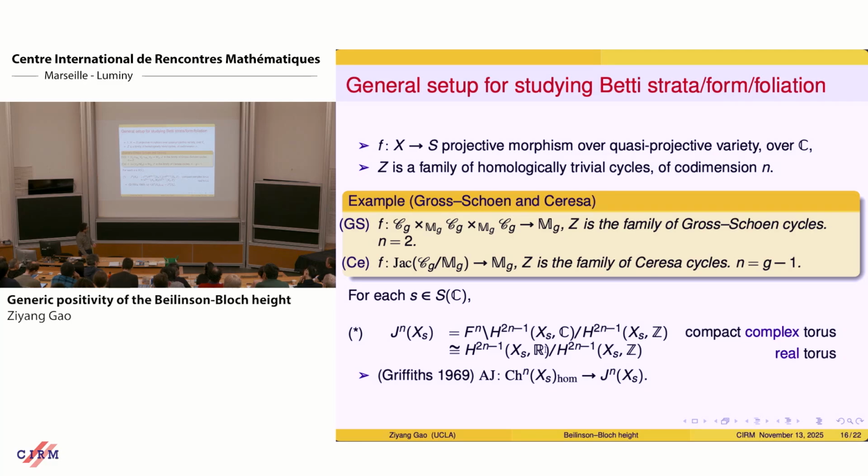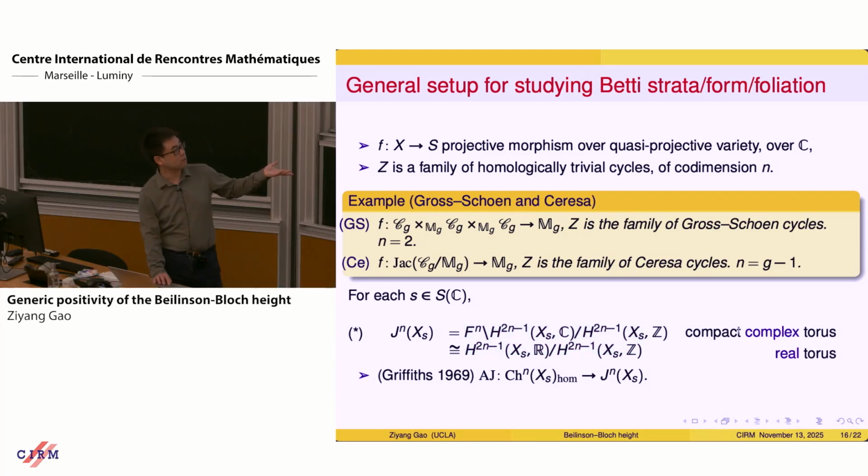But we can write this real cohomology a little bit better using Hodge theory, because we have the Betti-de Rham comparison. It's isomorphic to the complex cohomology mod the middle filtration in Hodge theory. If you write it this way, you see this one has a complex structure.